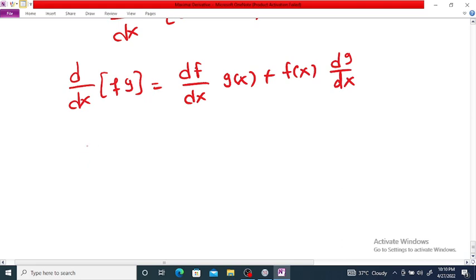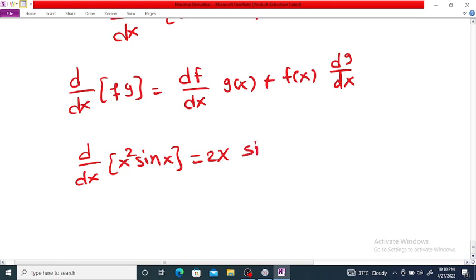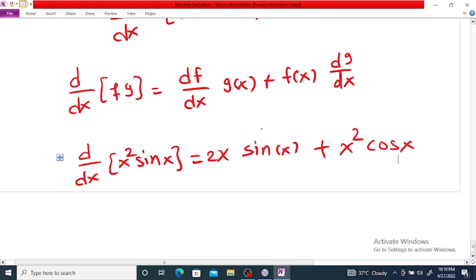So for example, if you want to determine d by dx of x square into sine of x, derivative of x square is twice x into sine of x as it is, plus x square as it is, derivative of sine x is equal to cos x.